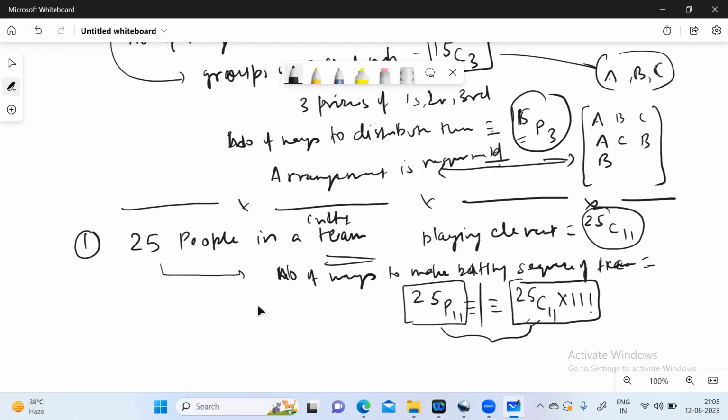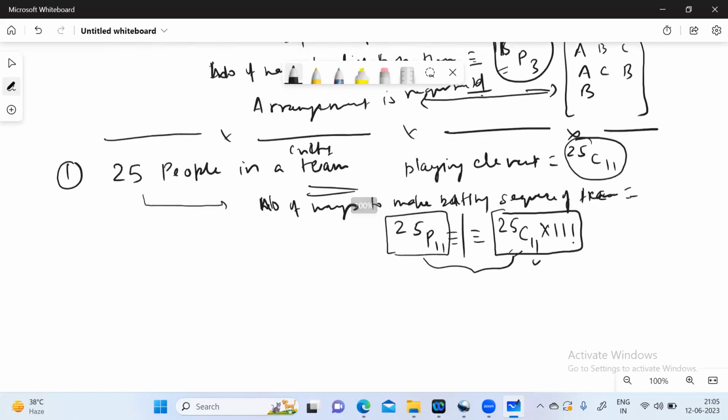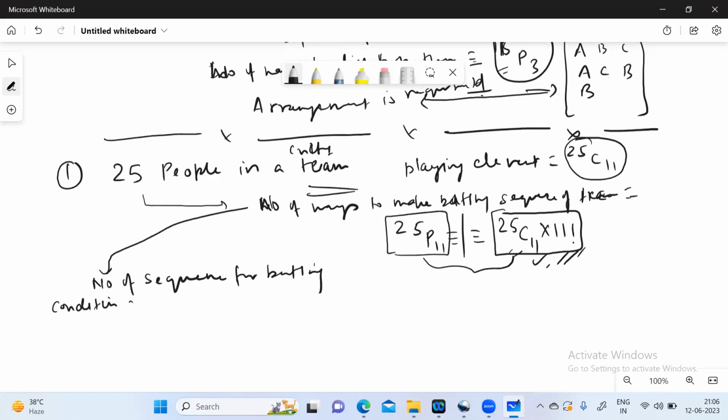Again, there will be one more complexity. Why I'm using this, you will get to know now. If I say that for this second question, the number of sequences for batting, the condition applied is that Sachin will always play.